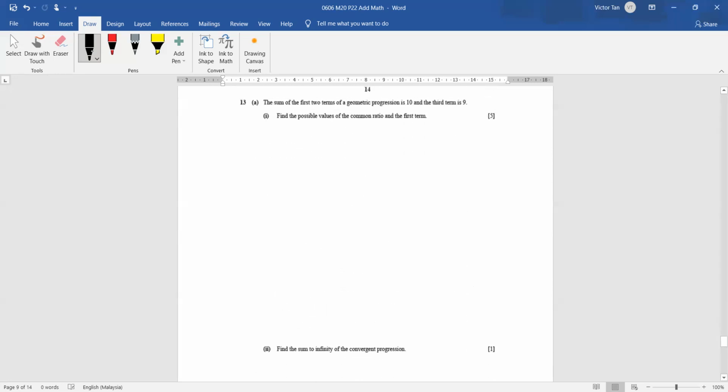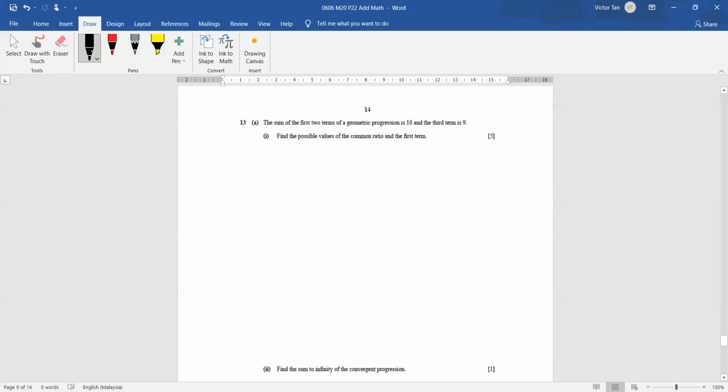The sum of the first two terms of a geometric progression is 10 and its third term is 9. You might want to use the formula, but since it's just the first two terms, you might as well put a, the first term, plus ar, the second term, equals 10. Here you can factorize a(1 plus r) equals 10. Given the third term, ar squared, is 9.